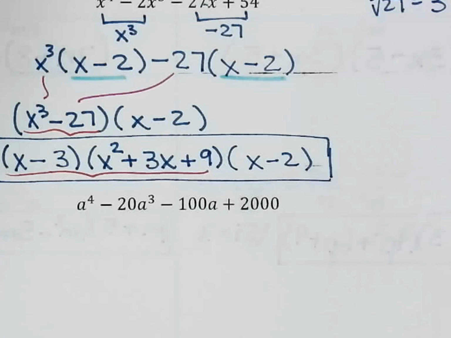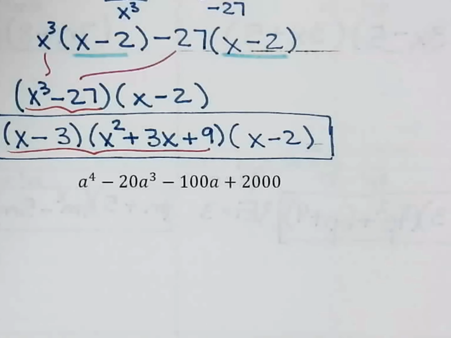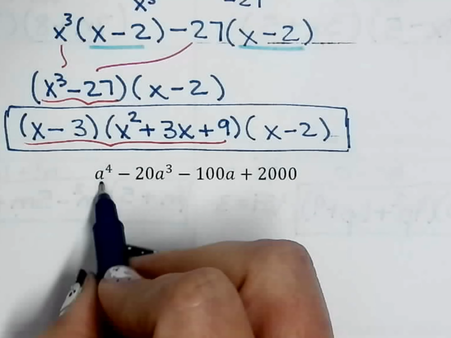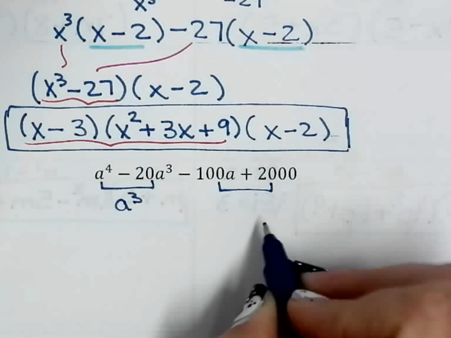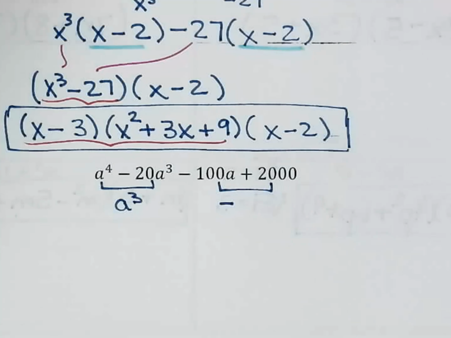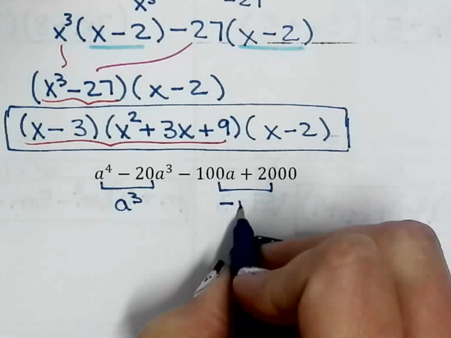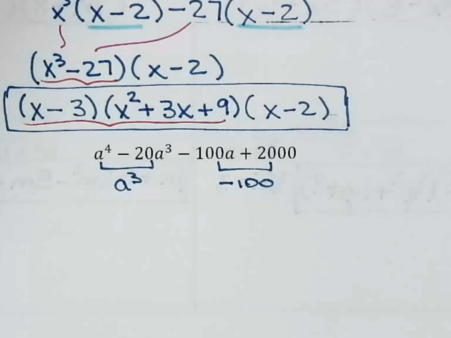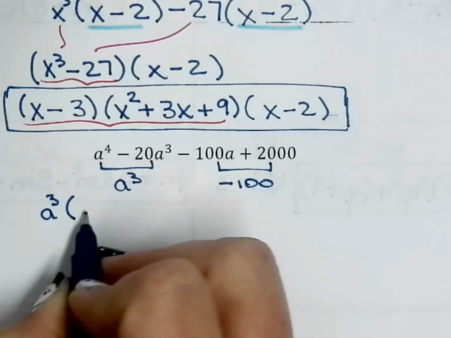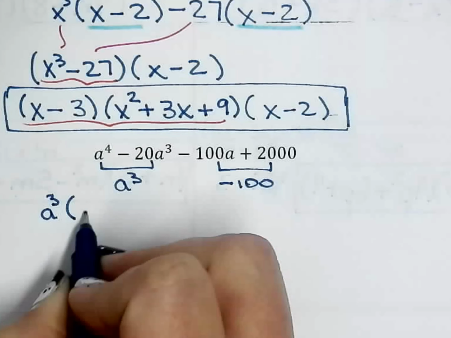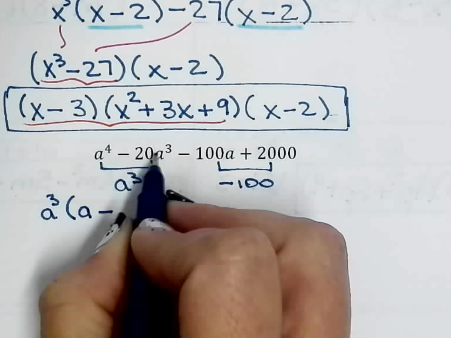One more. Same process. Group, group. GCF, GCF. All right, GCF goes in the front. Divide. A to the 4th power divided by a cubed, you get a.